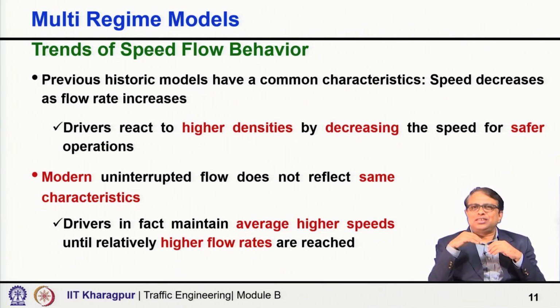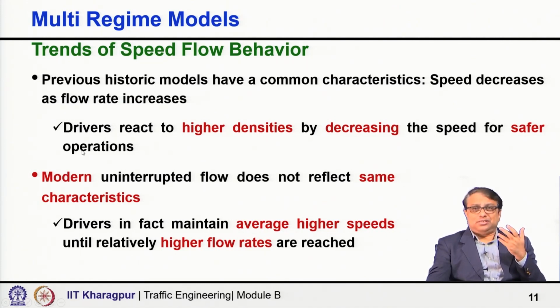But always, from free flow, as soon as the traffic flow starts increasing, the speed decreases. Of course, the rate of decrease will be higher as the flow approaches the capacity value, but speed decreases steadily as the flow increases.